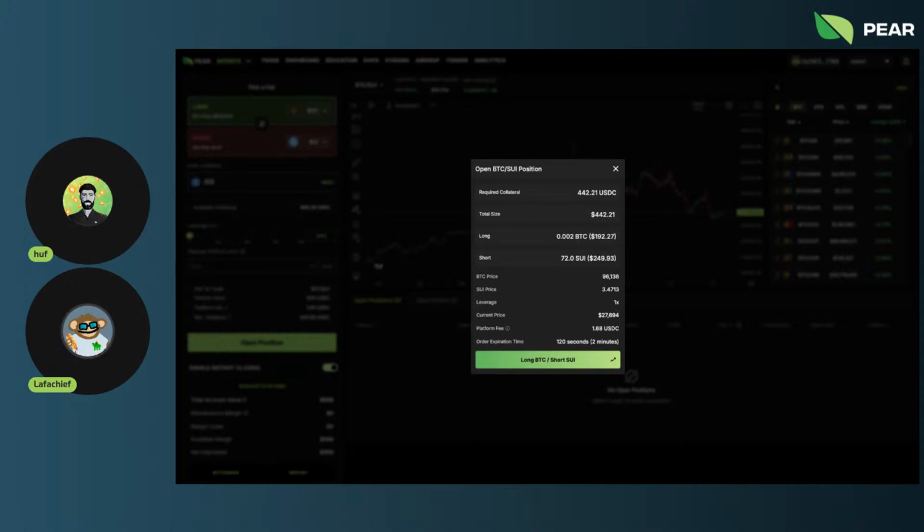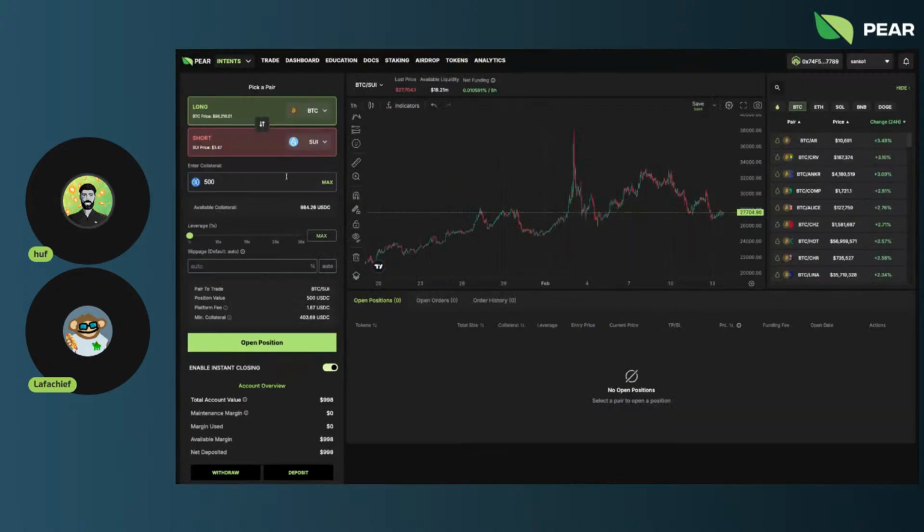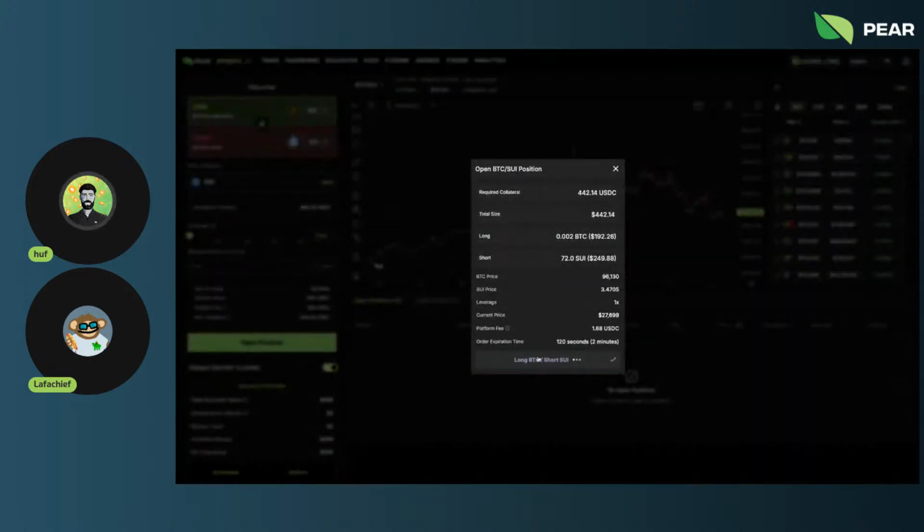Yes, there is minimum tick sizes. So this is going to be slightly edged towards short SUI. I'm going to open this position so you can see how it works. Roughly speaking, I'm about $250 short SUI and $250 short Bitcoin. I don't have enough to get to the next unit on Bitcoin.